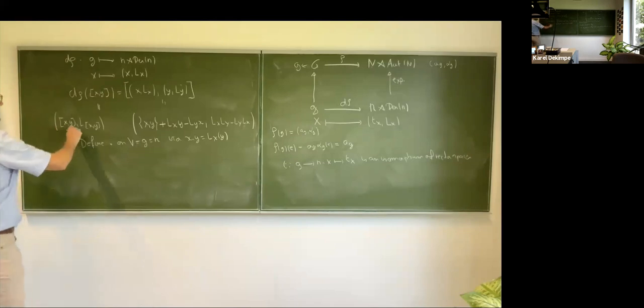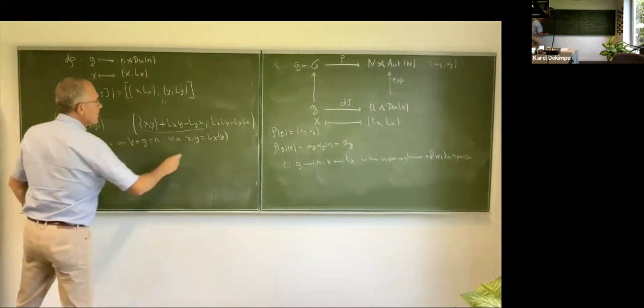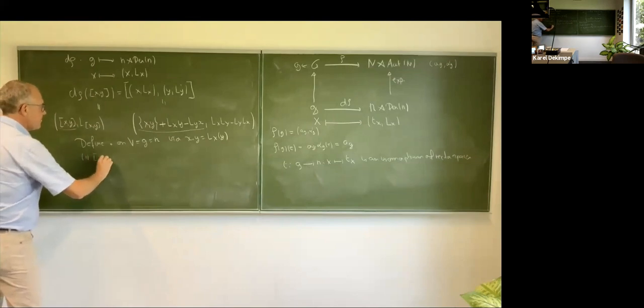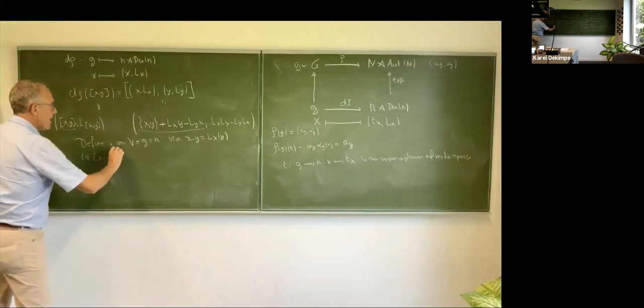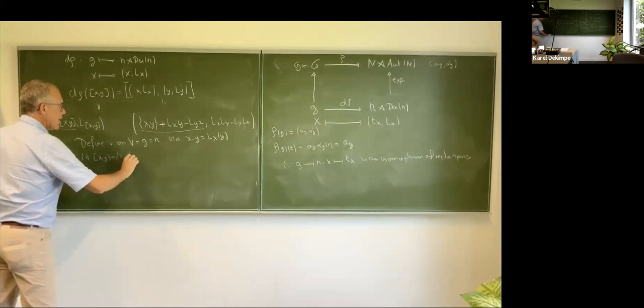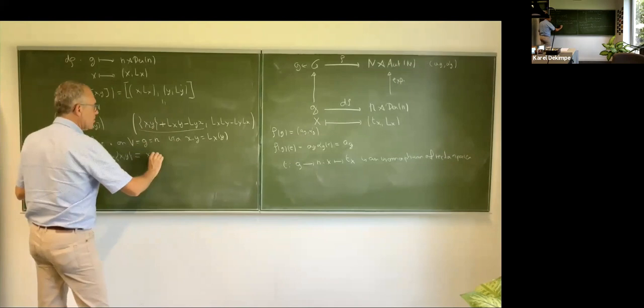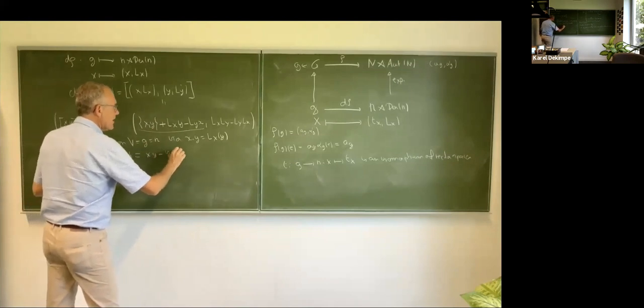So we see that this should be equal to this. So this means one, that the square bracket minus the curly bracket should be equal to x dot y minus y dot x.